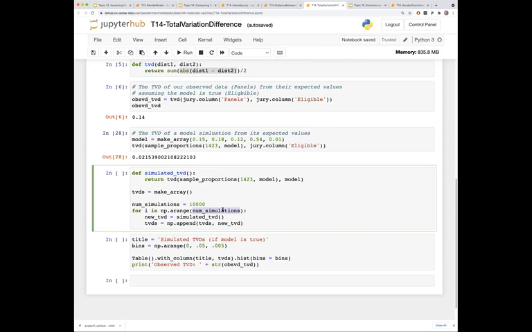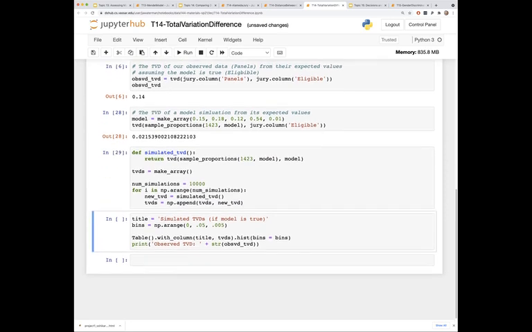And if we ever want to change the number of simulations, we just change it in one place. So it's always good to give it a name as opposed to hard coding what are known as magic numbers into your program. But the effect of it is that we're going to create our array, we're going to append, we're going to collect our 10,000 results, and now we can actually look at it.